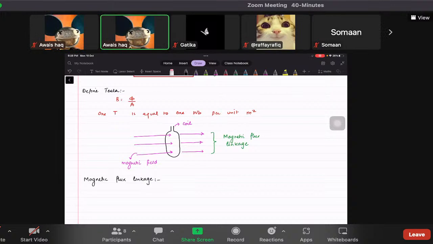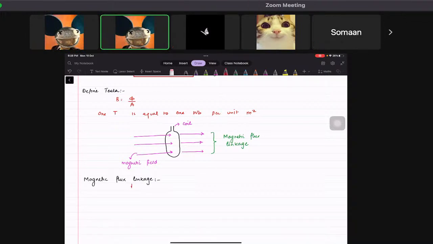Magnetic flux linkage is defined as the magnetic flux that interacts or links through a coil of N turns.